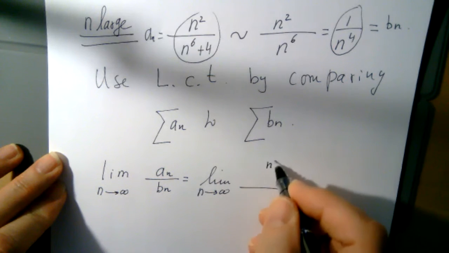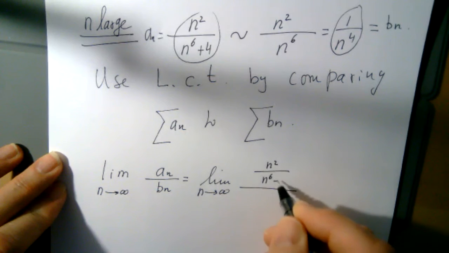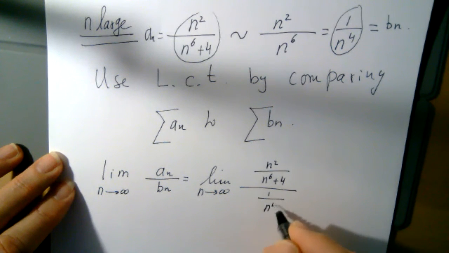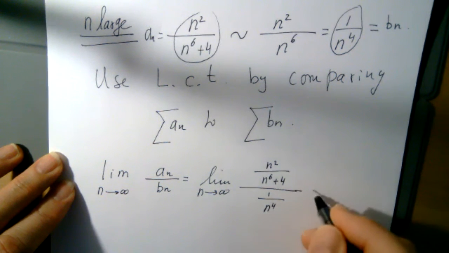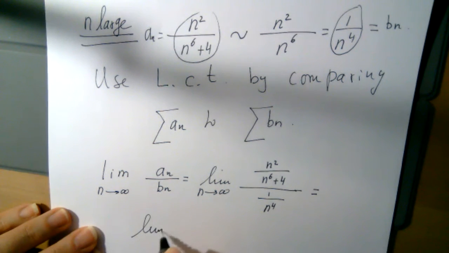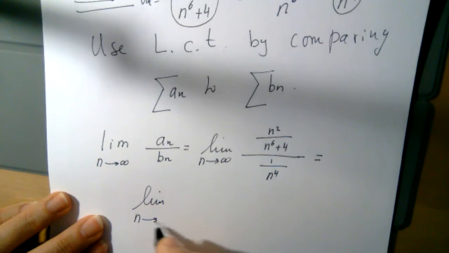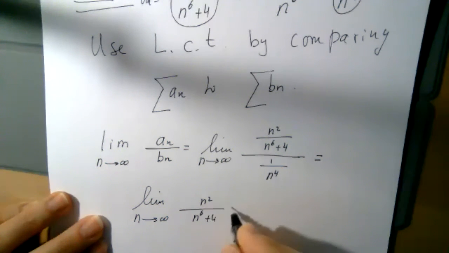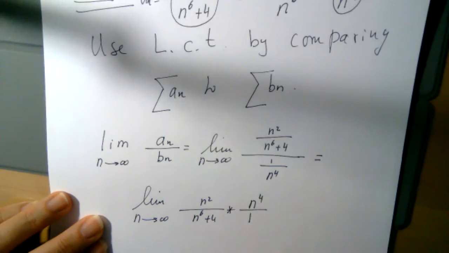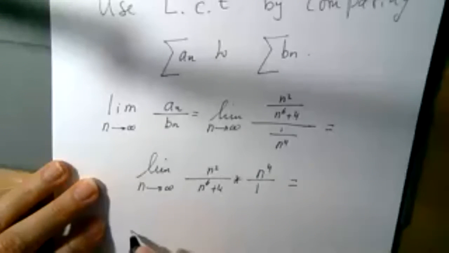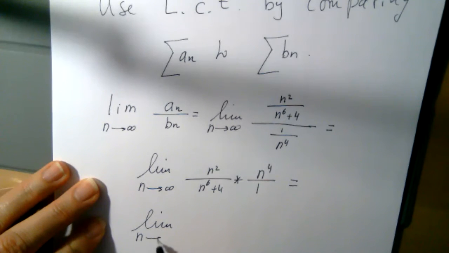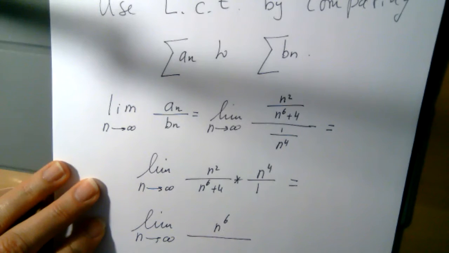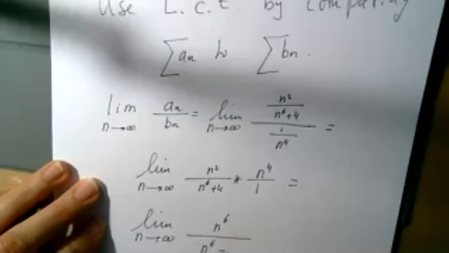An is n squared over n to the 6 plus 4. Bn is 1 over n to the 4. So this is going to be equal to the limit as n goes to infinity of, now we use basic math, times n to the 4 over 1, which is going to be equal to the limit as n tends to infinity of n squared times n to the 4, which is n to the 6, over n to the 6 plus 4.